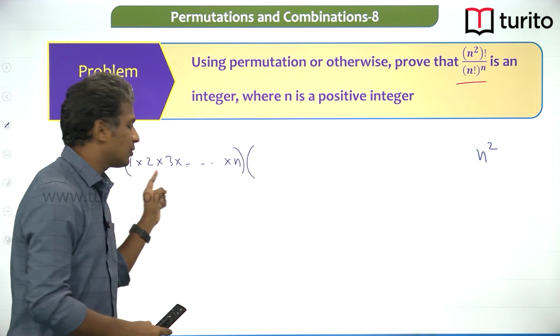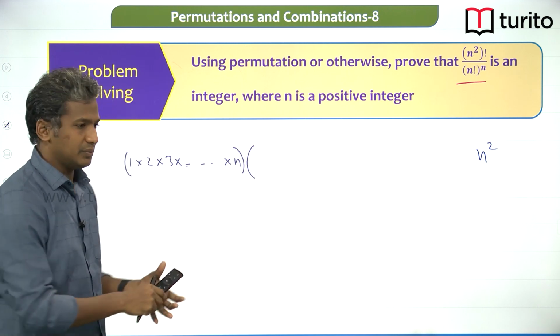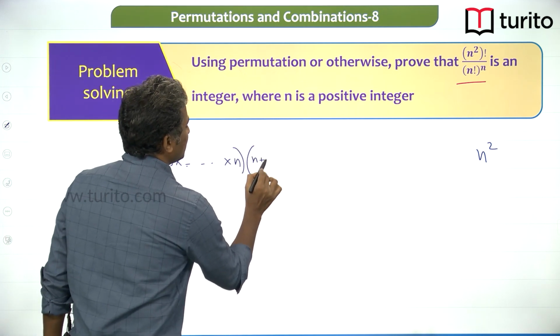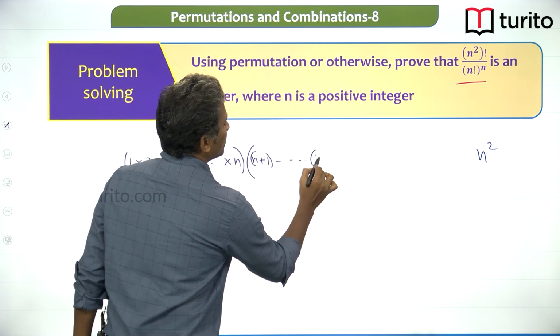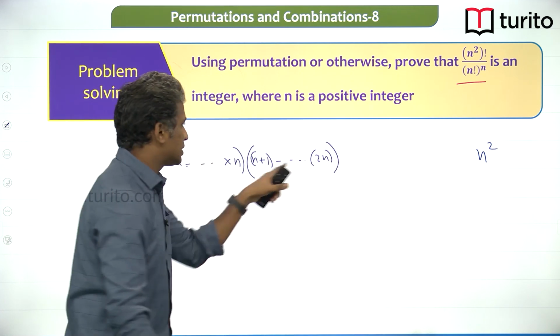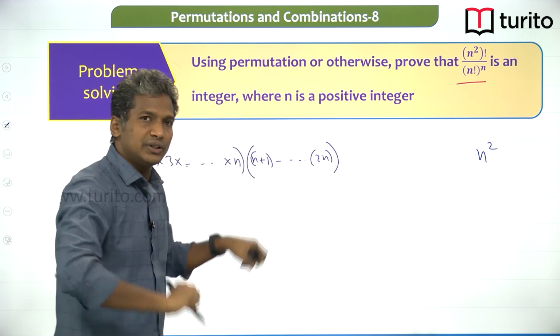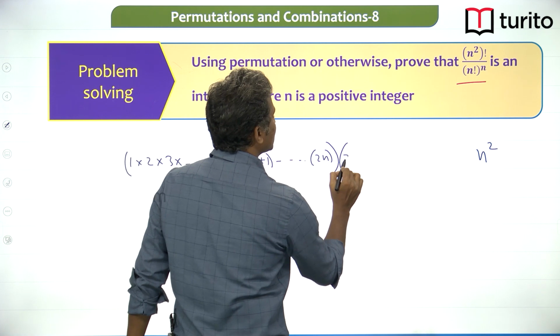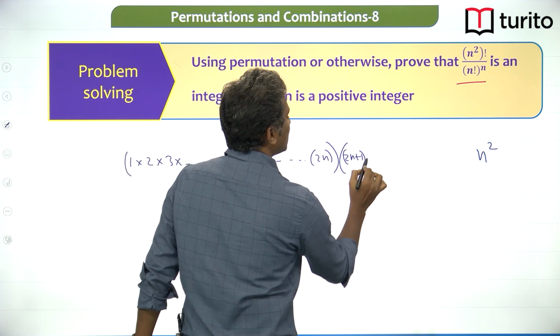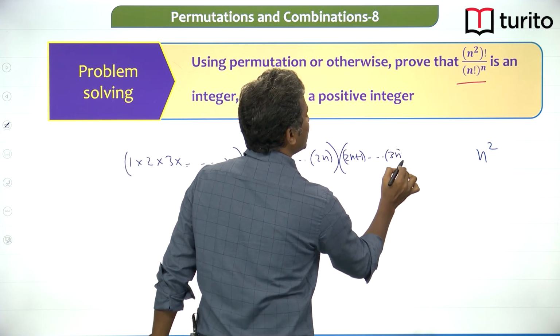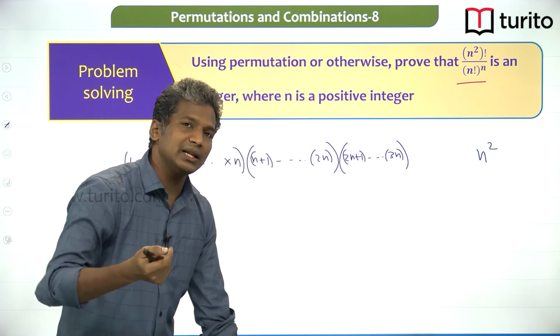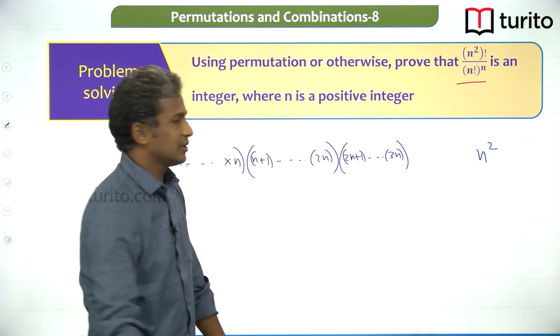This is a product of n consecutive natural numbers. Now starting from n plus 1, I will take all numbers till 2n. This is also a product of n consecutive numbers. And similarly starting from 2n plus 1, I will take all numbers till 3n. So this gives me another product of n consecutive numbers.